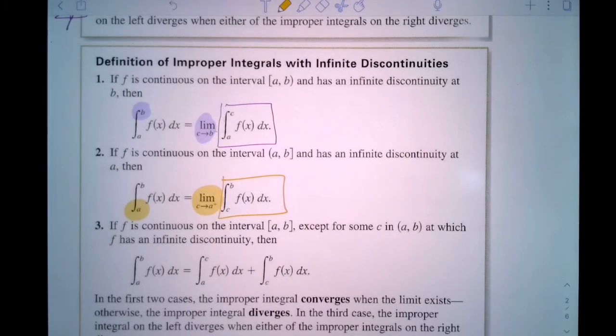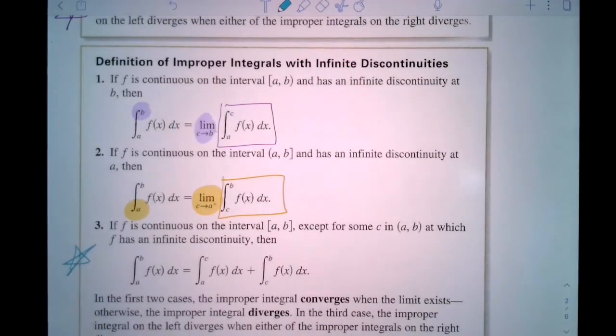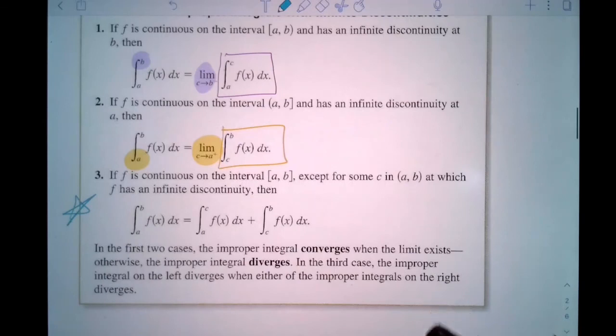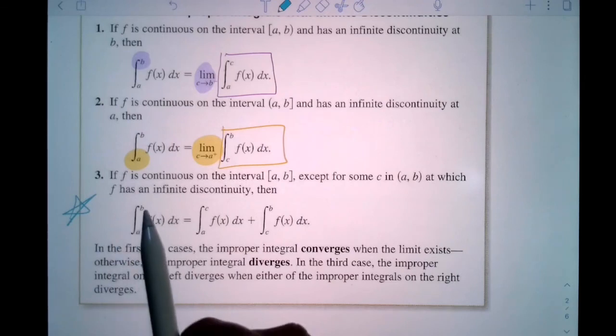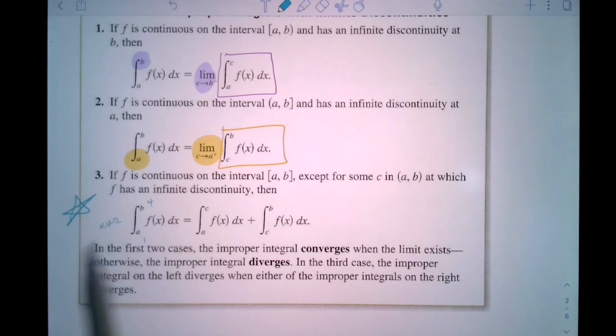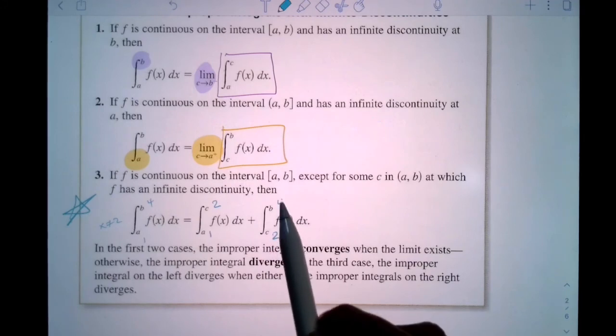All right, now, the same part C, or the third bullet here, is happening at this particular stage of the game as well. If you happen to have an issue inside the limits of integration, where let's say you're going from 1 to 4, but there's a discontinuity at x equals 2, you would have to break up the integral from 1 to 2 and from 2 to 4.